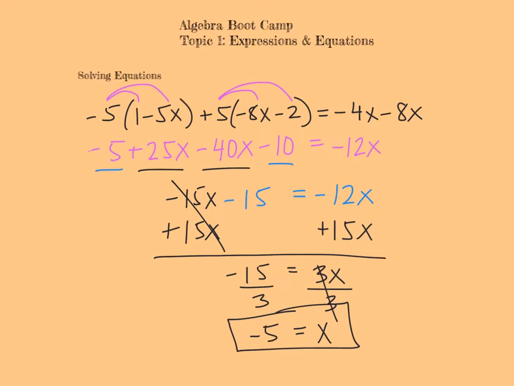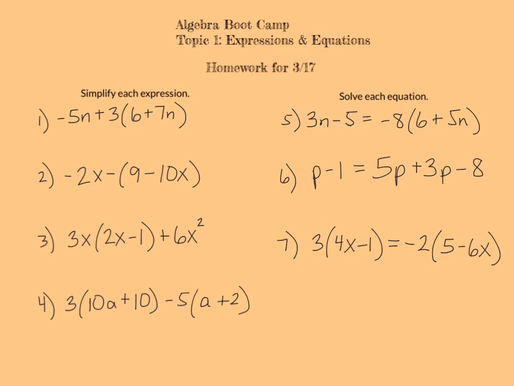All right, the last slide that I have is just a few homework problems for you to try. Okay, here is your first homework assignment. It's these 7 problems, so just write them on a separate sheet of paper, make sure your name's on it, make sure that you label it appropriately, like 317 homework.